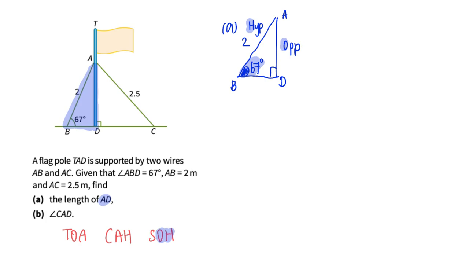we will then tap on our sine ratio of 67 degrees to help us solve for AD, where we will have O divided by H. And I just need to multiply 2 on both sides in order for us to find the length of AD.